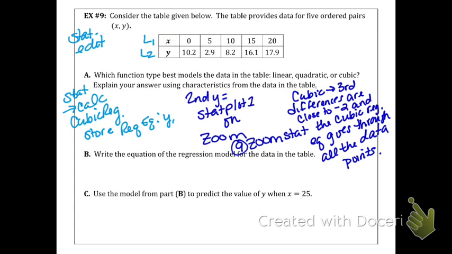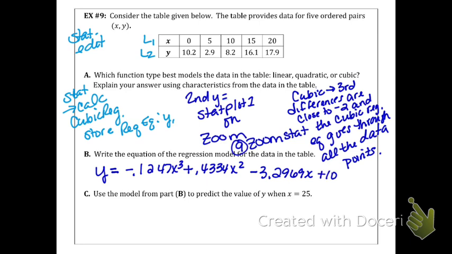Then it wants us to write the equation of the regression model. Well, it's a good thing we stored it in y equals because you can go back in there and grab it. So y equals should be negative 0.1247x cubed plus 0.4334x squared minus 3.2969x plus 10.1814.